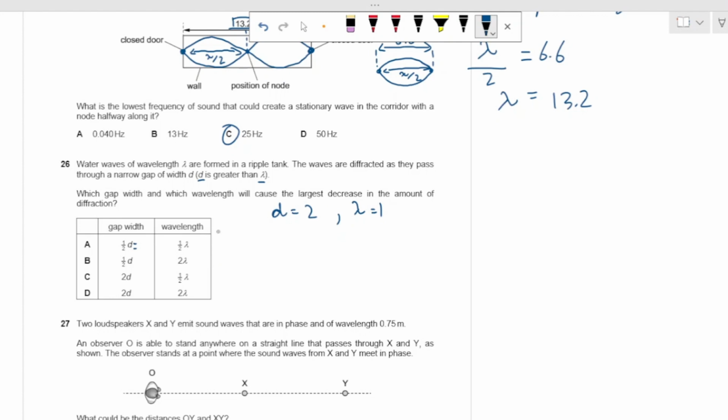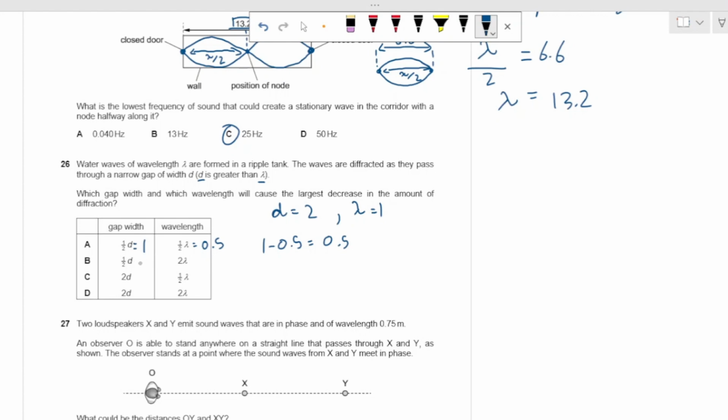That would basically be 1. Similarly for this lambda, it would be just 0.5. And if you subtract both of these, because we just said that to have the largest decrease, there must be the largest difference. So if you subtract these two values, you will get just a difference of 0.5.